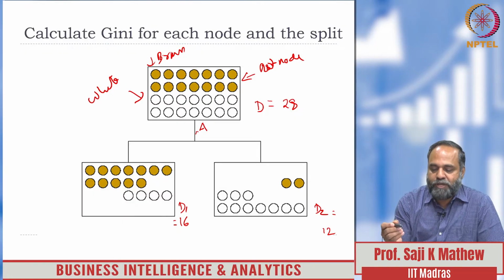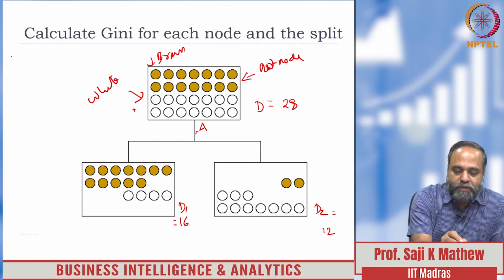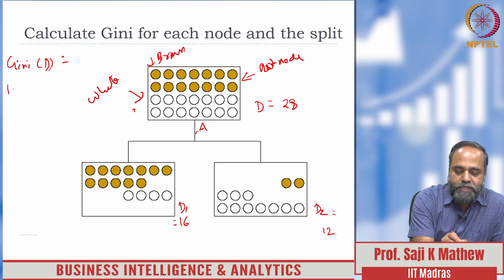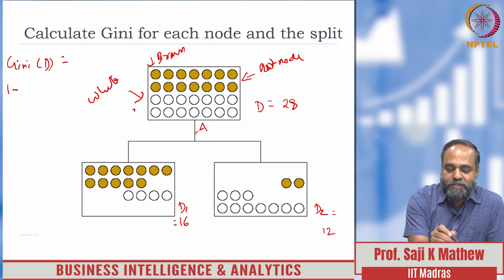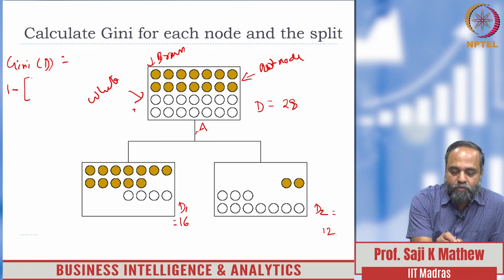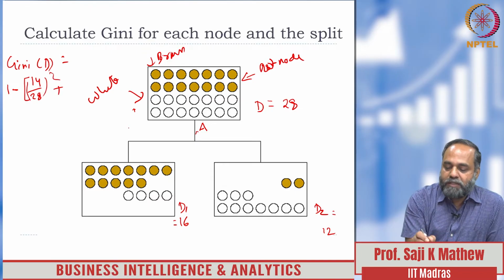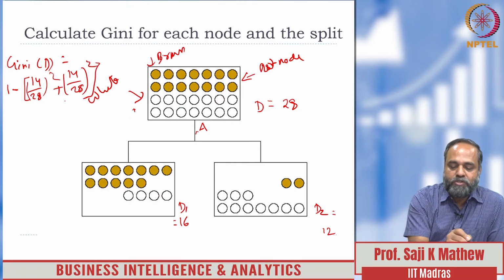So first let us calculate the Gini score of the root node. What is the Gini score of the root node? Gini D is equal to 1 minus the proportion of the brown circles squared. The proportion of the brown circles is obviously 14 by 28, the 14 brown circles, squared, plus the white circles are also 14 in number, so 14 by 28 the whole squared, and we close the formula.